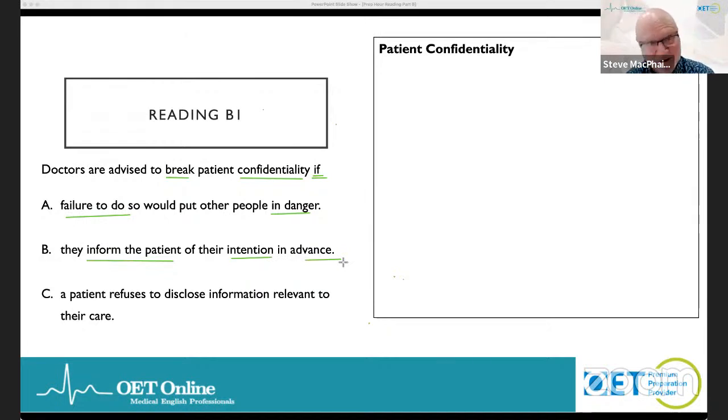I'm warning you, I'm going to need to break confidentiality here for whatever reason. C: if a patient refuses to disclose information relevant to their care. So the patient's at fault here. They refuse to do something. They don't disclose information, so based on that, we can break confidentiality.